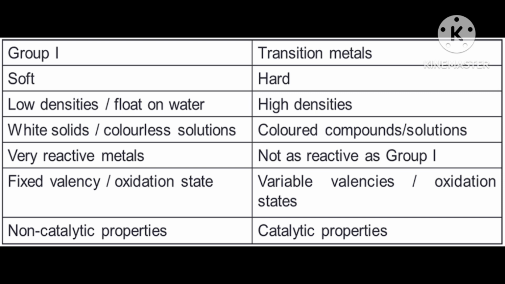Now one question is asked, I want to discuss that question. How would you account for the increasing oxidizing power in the series VO2+ is less than Cr2O7 2-, and Cr2O7 2- is less than MnO4-? Comparison is there.